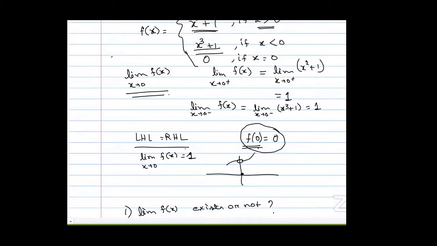So there is a drop at that point, you can say. At that point, the functional value does not match the limiting value. If you zoom into that picture, exactly at 0, you can see a gap. It's difficult to visualize, but that is the case here.